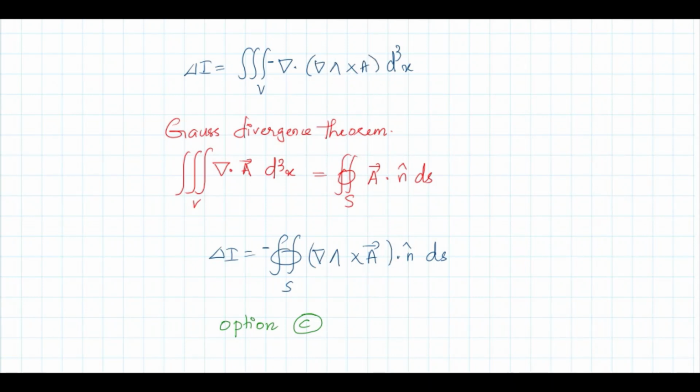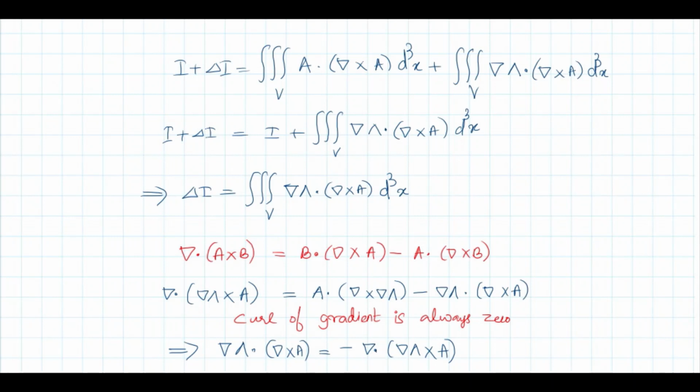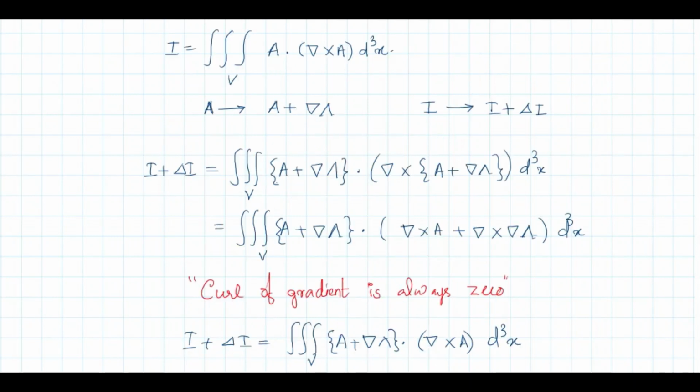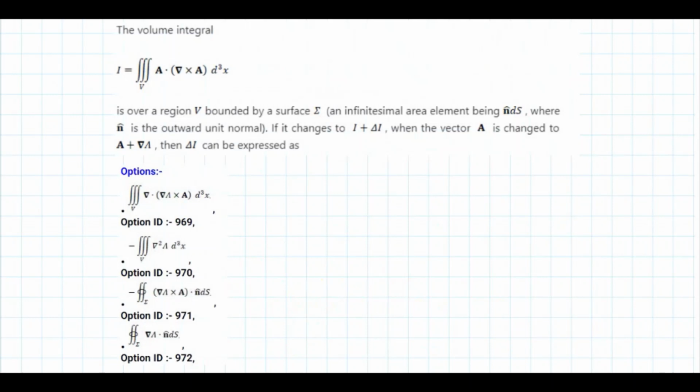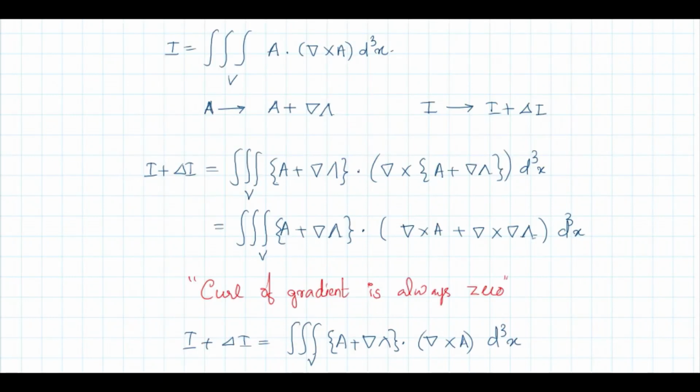So delta I equal to minus closed surface integral del lambda cross A dot n cap ds. Correct answer is option C.